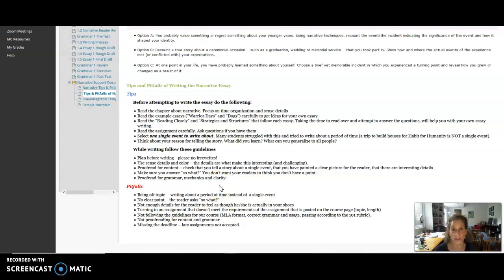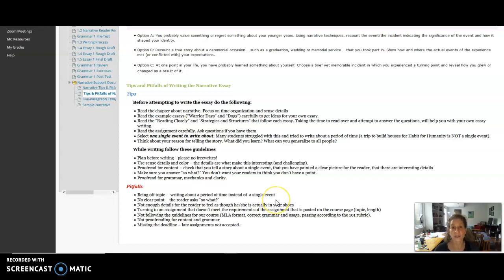Here are some pitfalls that I have seen students encounter. Being off topic. Again, writing about a period of time instead of a specific single event that happened during that time. No point, so people are like, so what? Not enough details, so that the reader doesn't realize that he or she is in your shoes, so that they can experience it, seeing it through your eyes.